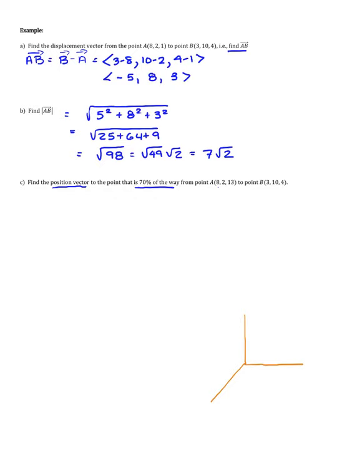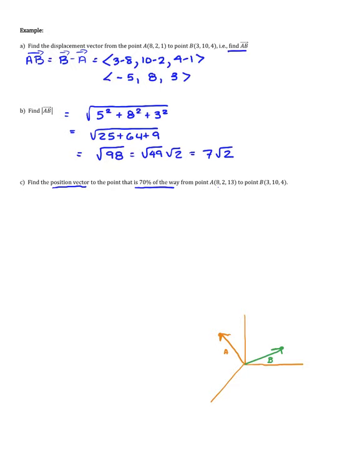If I was doing 8, 2, 13, that would be somewhere here. So let's say that's A. B would be somewhere at 3, 10, 4, so B would be somewhere over here. Here's B. Here's A.